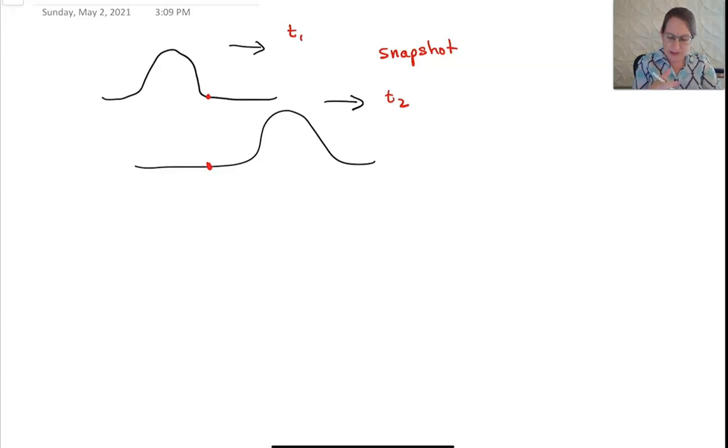So that gives us the snapshot view versus the raft view, which is at some value of x, and it varies with time.